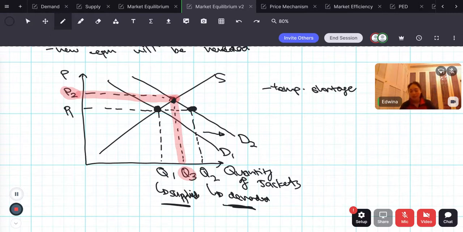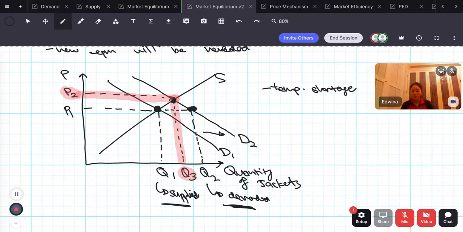And so this is just an example of where a non-price determinant of supply or demand would shift, causing a temporary shortage or a temporary surplus depending on which curve shifts and in which direction. And then you can use this to explain how market equilibrium is then established.